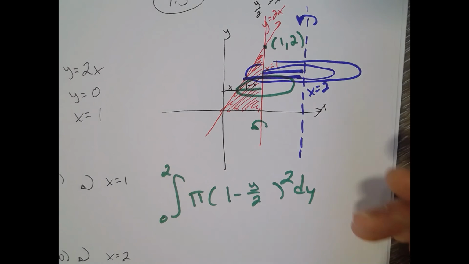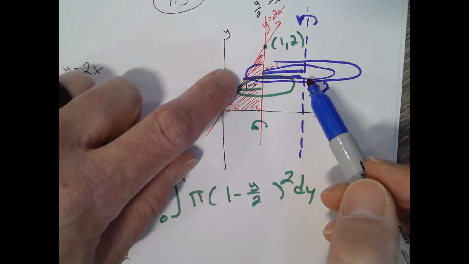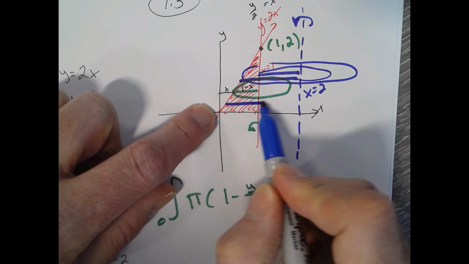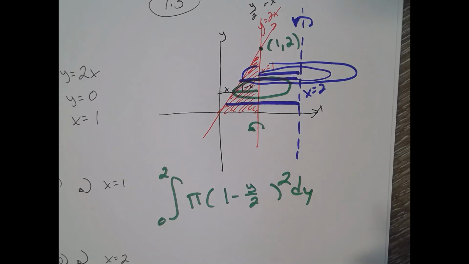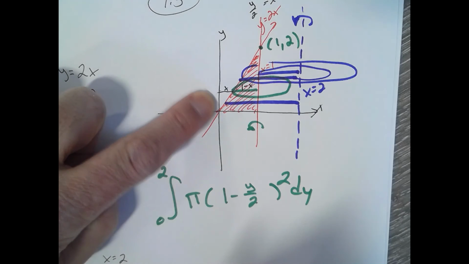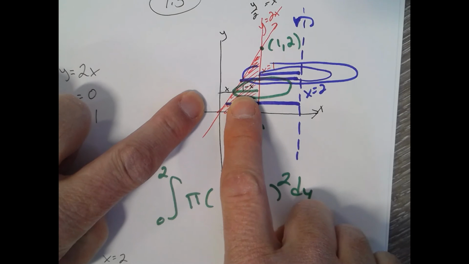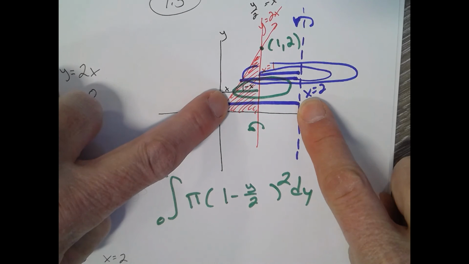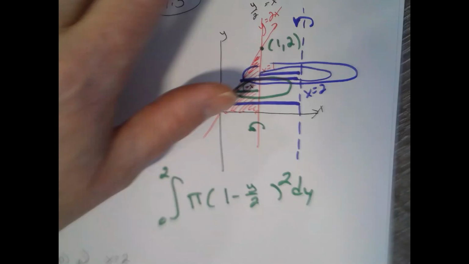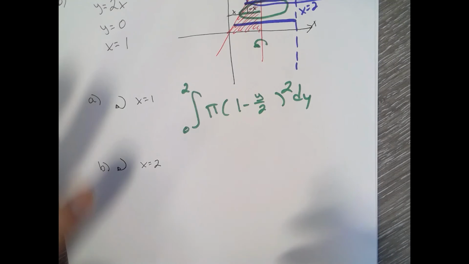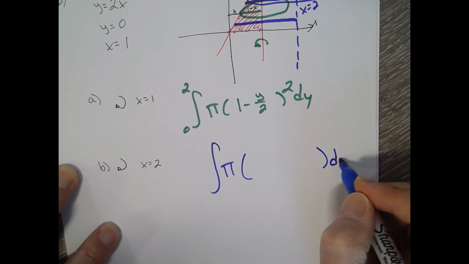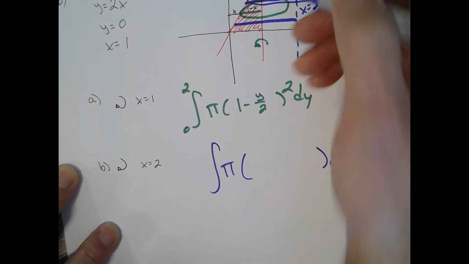So my big R is this distance, and it does change. So if this is my big R, we know it's this whole minus this part. So kind of like this was 1 minus x, this radius right here would be 2 minus x. But we can't use x, so it would be the integral of pi, again from 0 to 2.